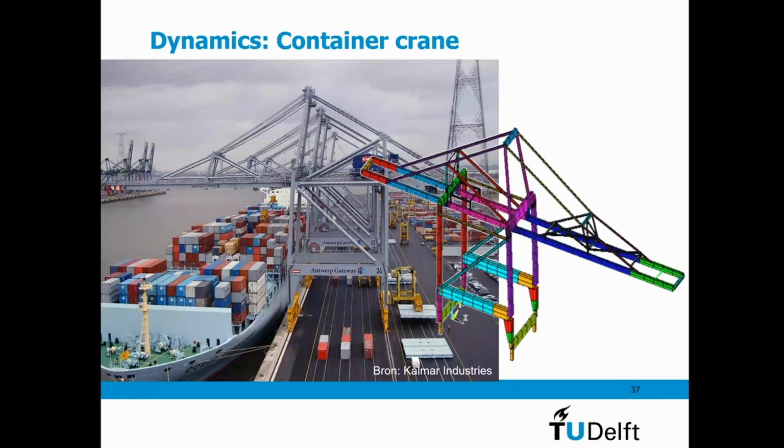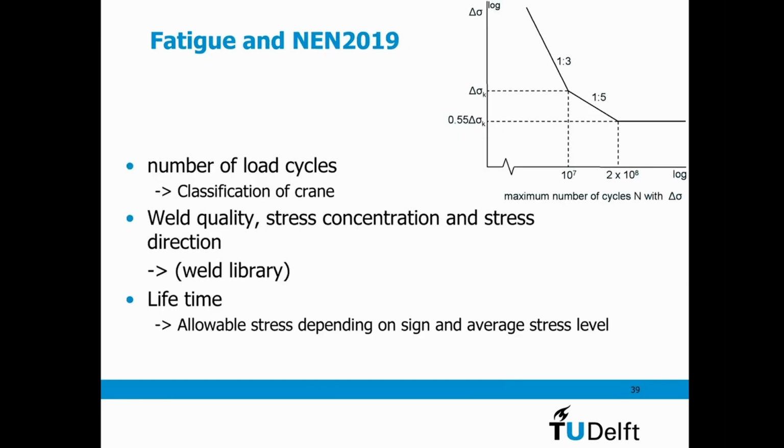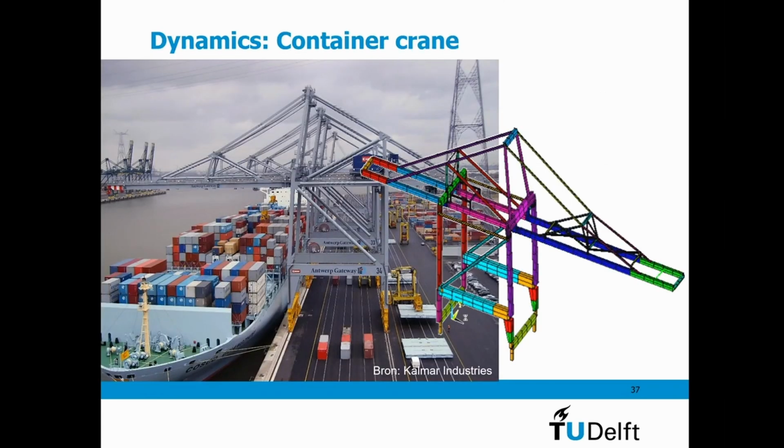Okay, so if fatigue is important for the dynamics, especially, so if you want to calculate these things, you need to take into account the dynamics. How do you do that with a crane, for example? We can directly go into stress variation and do that time based, and that is a lot of work.